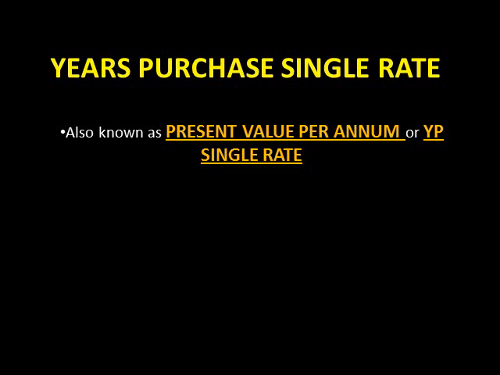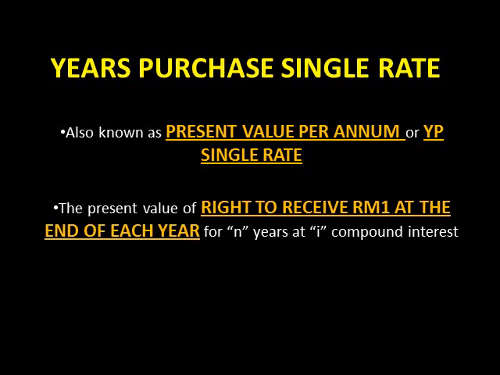So that means the present value, or value today, pada hari ini. The present value of the right to receive RM1 at the end of each year, that's a YP single rate. It is the present value of the right to receive, for example, 1 ringgit at the end of each year for n years, at i compound interest.